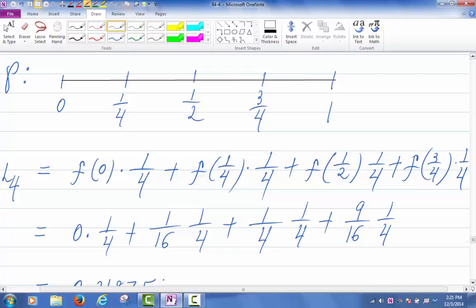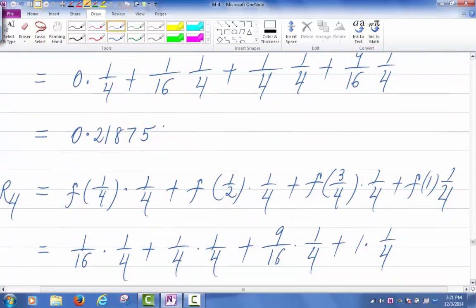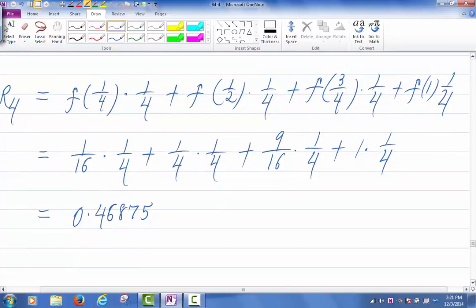Third one, evaluate f at 3/4, multiply by 1/4. For the last one, evaluate f at 1, multiply by 1/4. And if I do that, this is what I get: f of 1/4 times 1/4 plus f of half times 1/4 plus f of 3/4 times 1/4 plus f of 1 times 1/4. Then we plug in the values of f and do some arithmetic, and we get 0.46875.